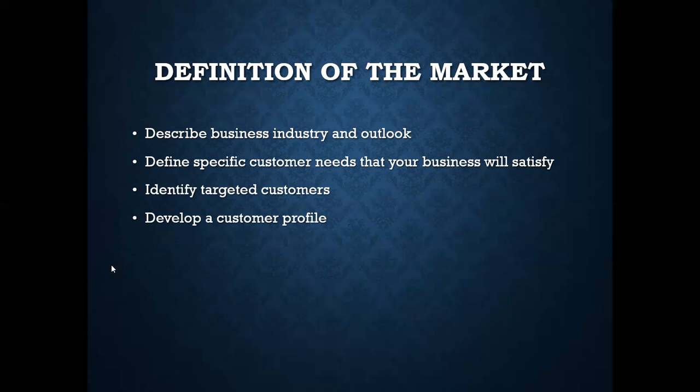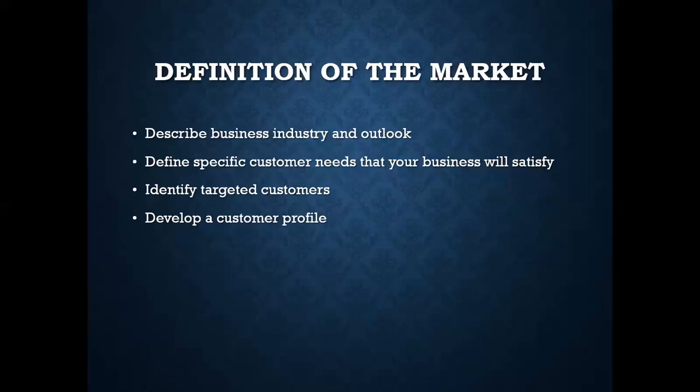Definition of the market is the next component of the business plan. You have to know who it is that you are in competition with and who it is that you sell to. So a definition of the market is going to define your business industry and outlook.